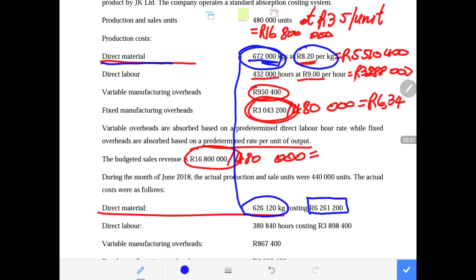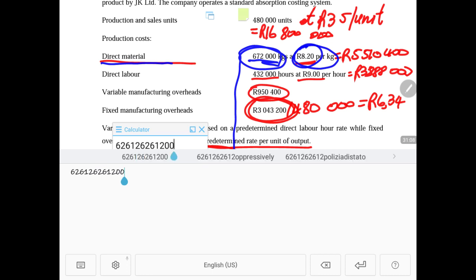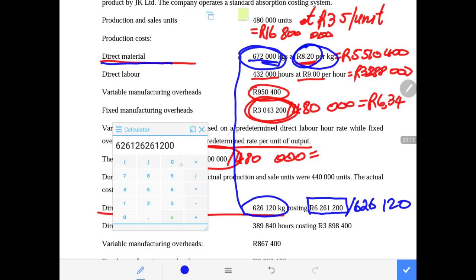So if we want to calculate the cost per kg, we take the total cost, 6,261,200, and divide that by 626,120.